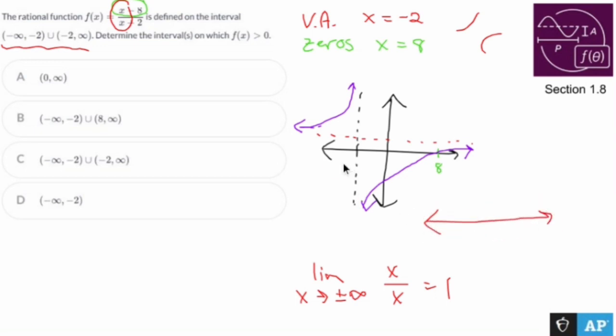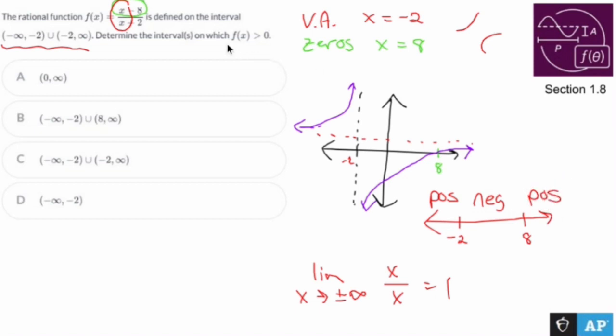Magic happens at -2 and at 8. From -2 to the left, I have a positive value because everything is above the x-axis. Between -2 and 8, not including, everything happens below the x-axis. And then once we hit 8, it jumps back above the x-axis.